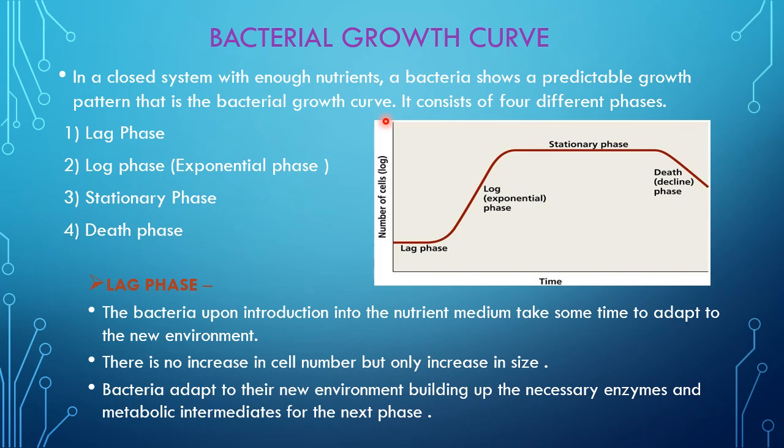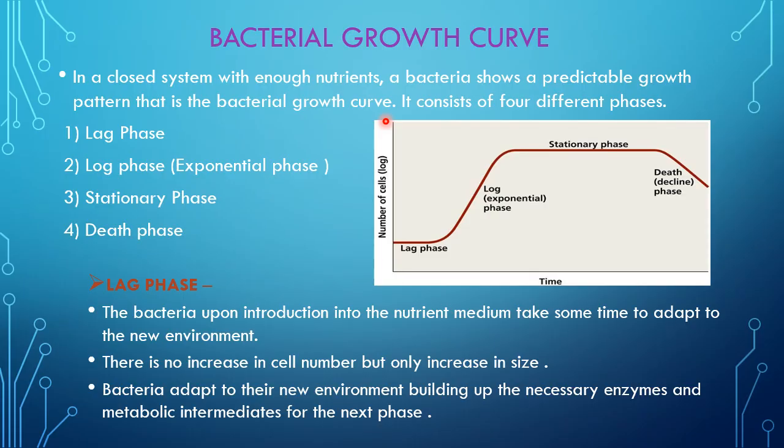Nutrients are nothing but food for the bacteria to survive. When you give enough food for the growth of bacteria and allow them to grow, what happens follows a particular pattern.